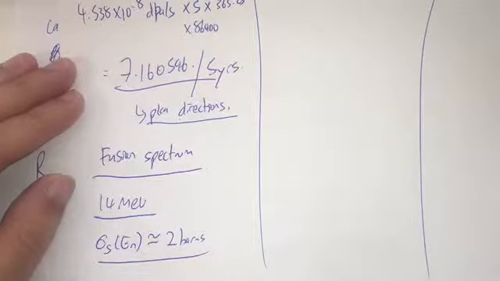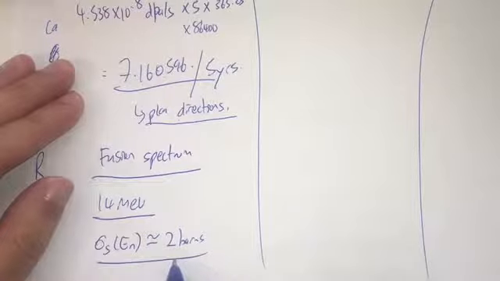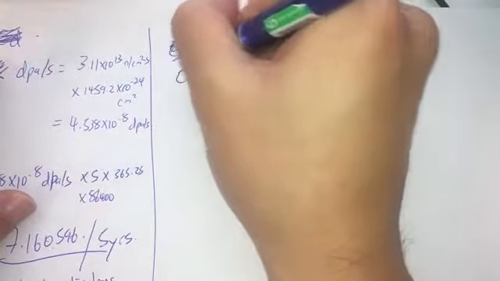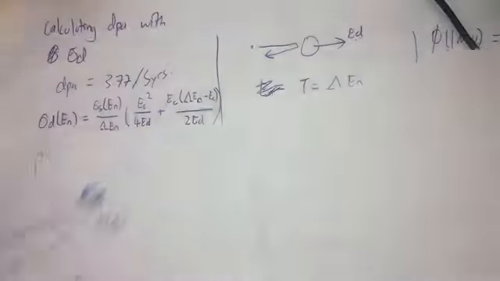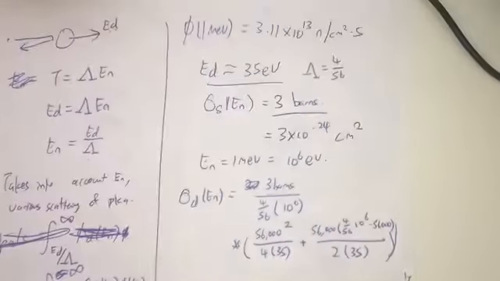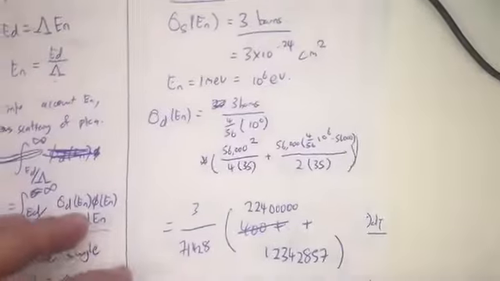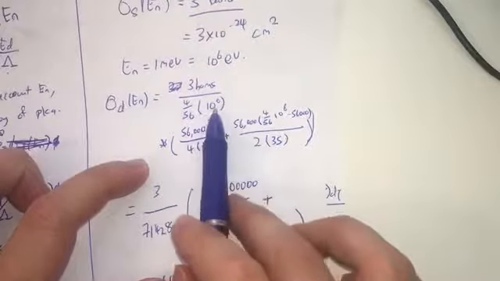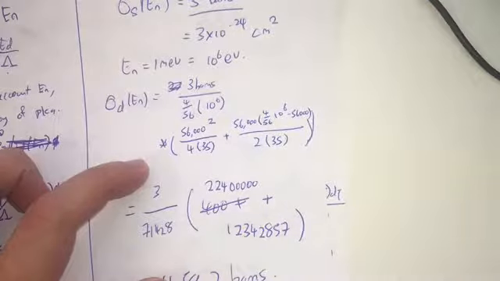So if we were to do something similar, we can just calculate the displacement cross-section using the same formula. We have all these again, except that the energy here is a lot higher.